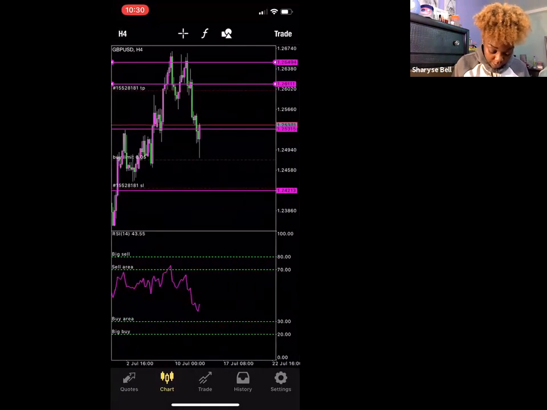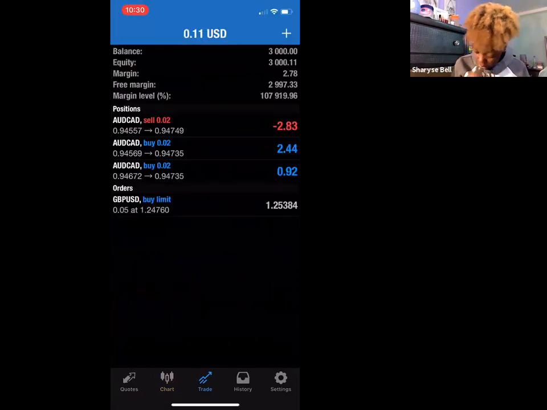Now let's go back. Now, let's look at the top. So at the top of the screen, we have our balance, we have our equity, we have our margin, we have our free margin, and we have our margin percent level, okay?